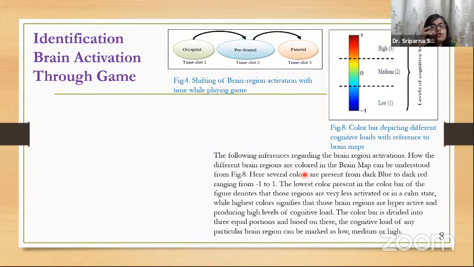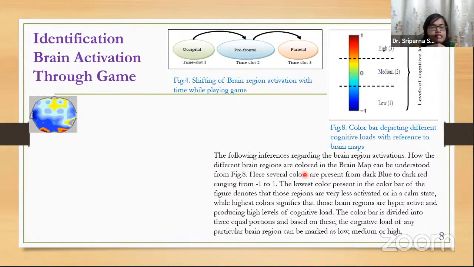First, the occipital lobe in your brain is activated. Occipital, as the name suggests, deals with the eyes. So you are just checking the game, and the lobe associated with your eye function, the occipital lobe, gets activated first.